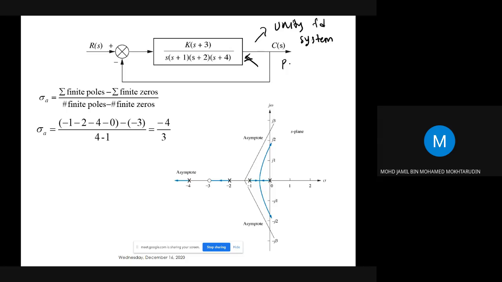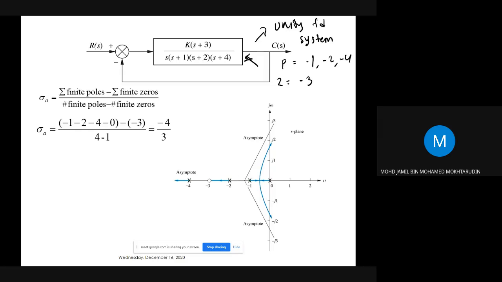So the poles will be -3, -1, -2, and -4, and the zero will be -3. Okay, only for unity feedback.